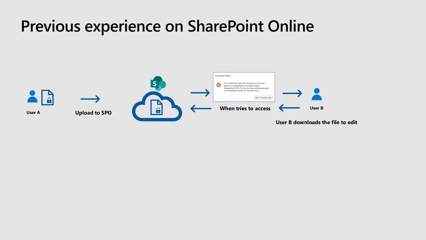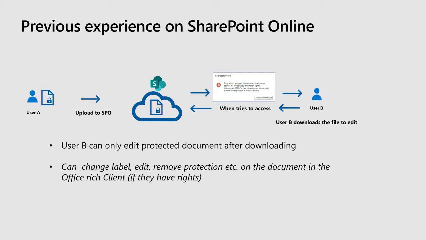Productivity was not great, and collaboration was not great. So in summary, user B could only edit it after downloading the document. They could do anything on the document that the label and permissions allowed once they downloaded, and if they had edit rights, they could edit and then re-upload the document.